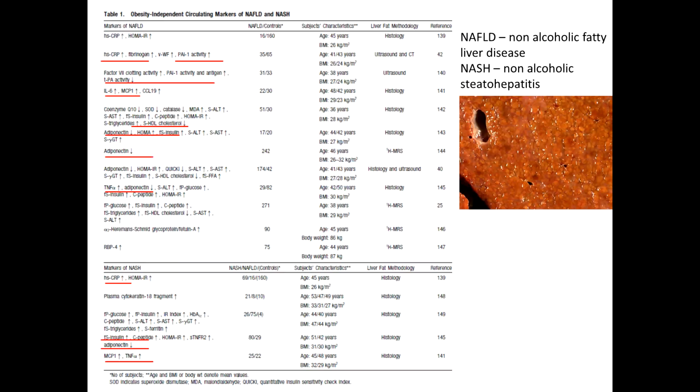This is another paper that I put in there, and we're really talking about alcoholic fatty liver disease versus non-alcoholic, we'll say fatty liver disease, because that's what that simply means. And if you look at table 1, I've underlined a lot of the biomarkers that indicate an inflammatory prothrombotic environment. And foam cell production.